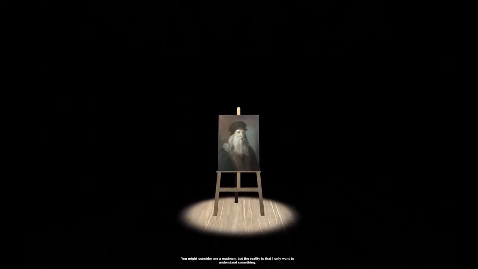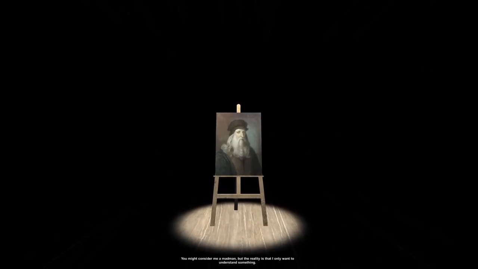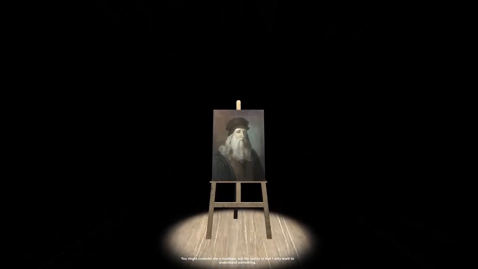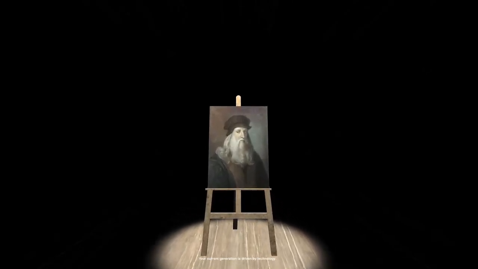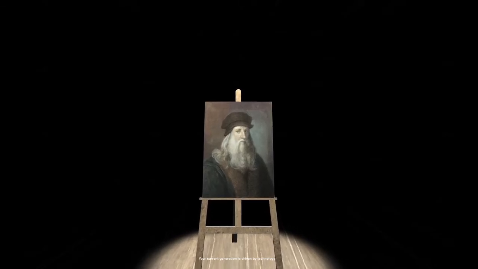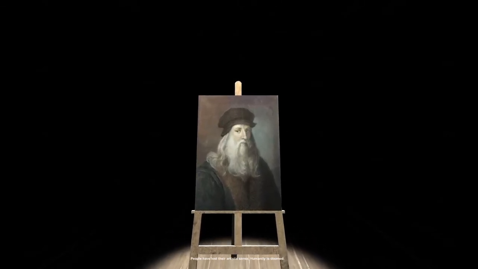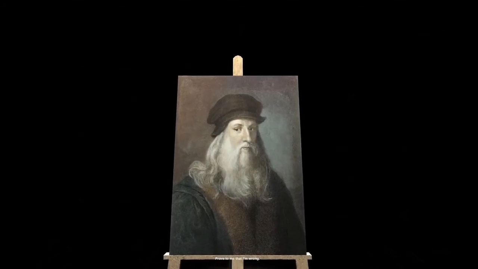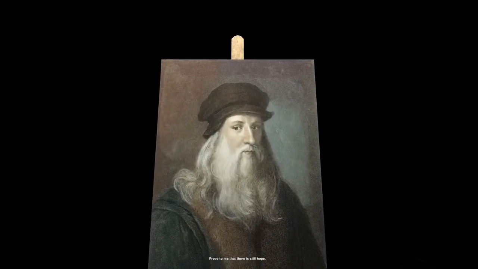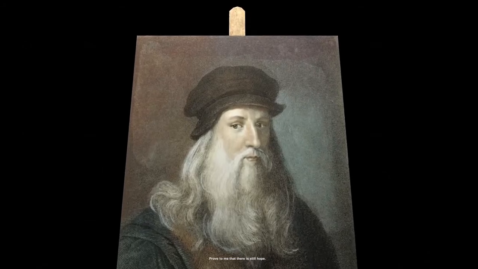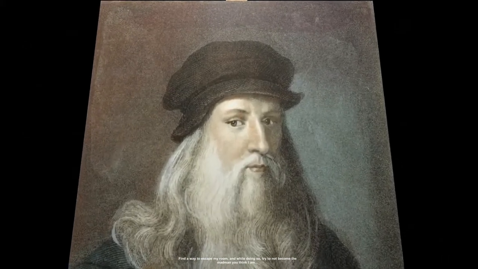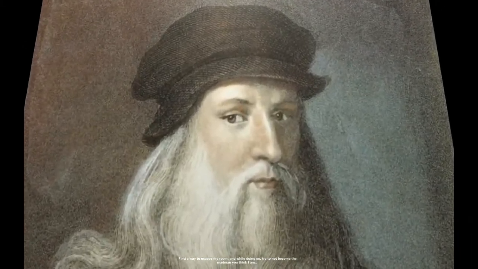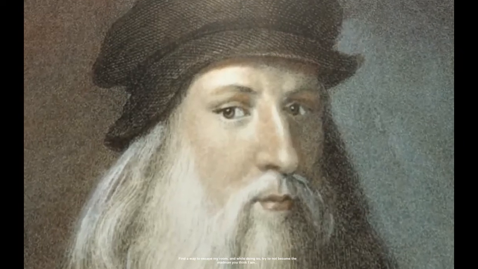You might consider me a madman, but the reality is that I only want to understand something. Your current generation is driven by technology. People have lost their artistic sense. Humanity is doomed. Prove to me that I'm wrong. Prove to me that there is still hope. Find a way to escape my room. And while doing so, try not to become the madman you think I am.